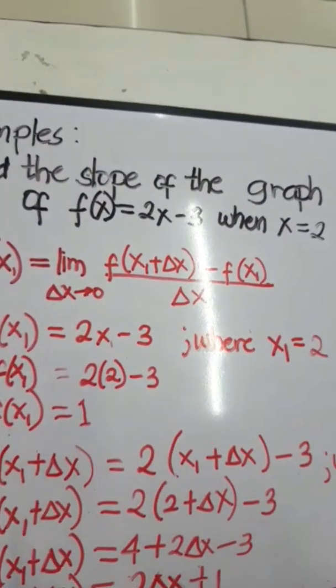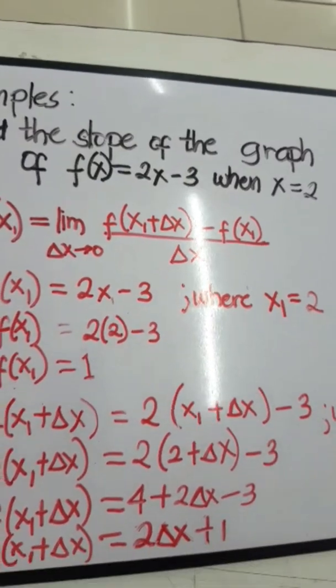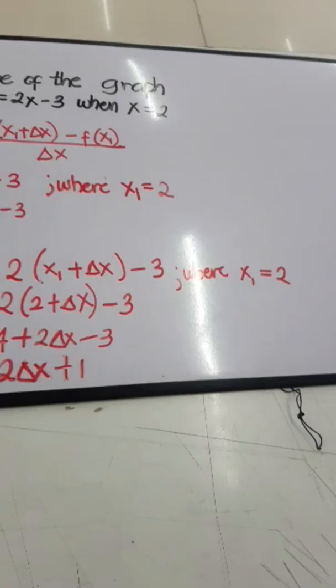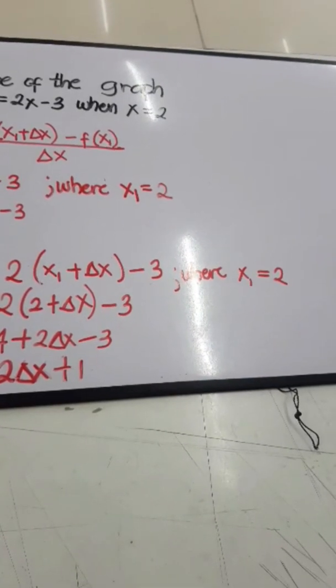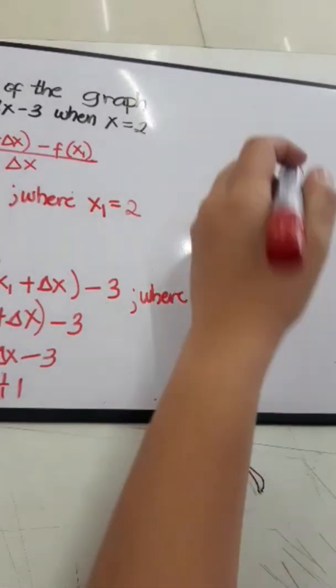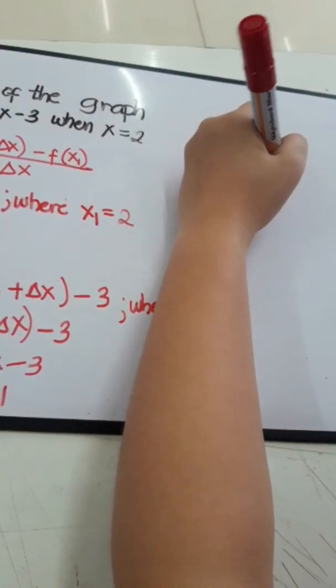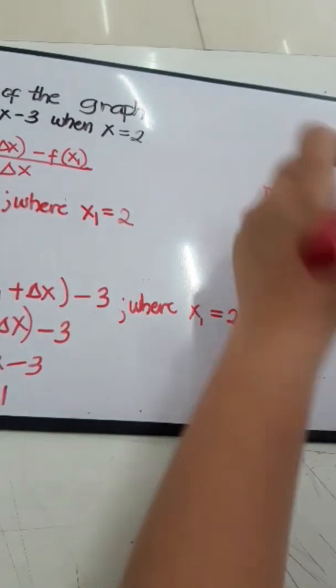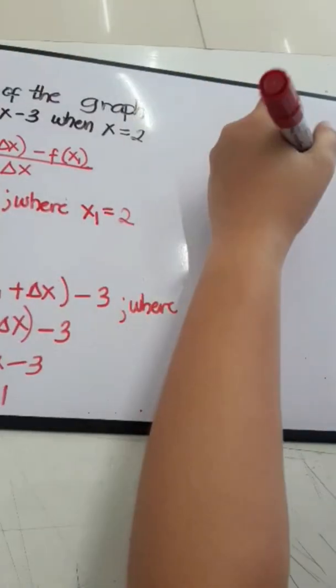So we are going to write the slope at x sub 1 equal to 2, right?